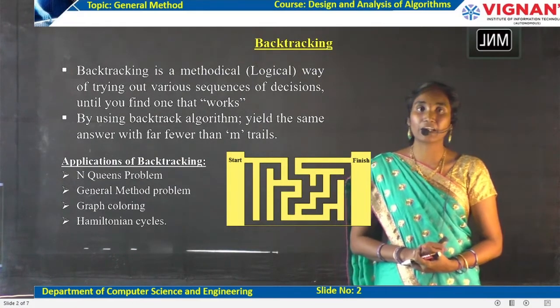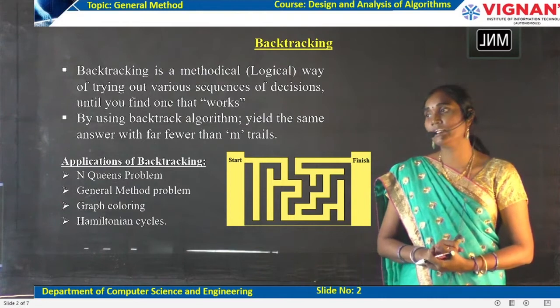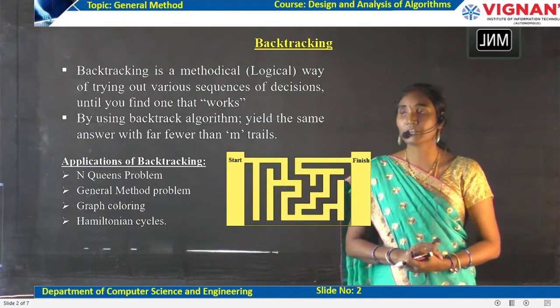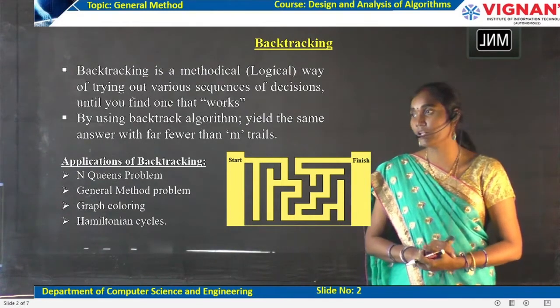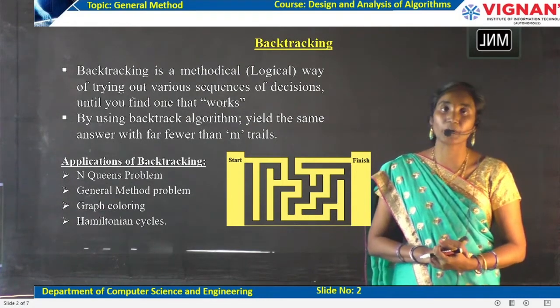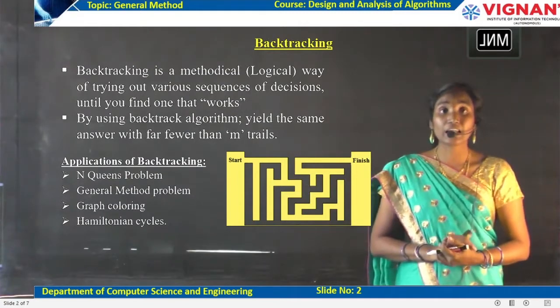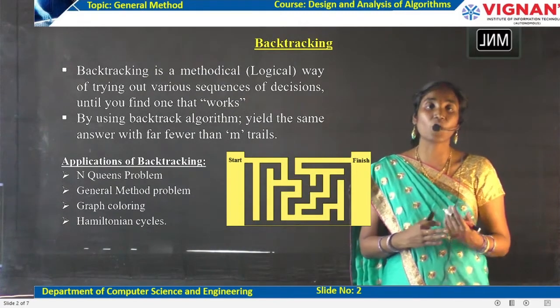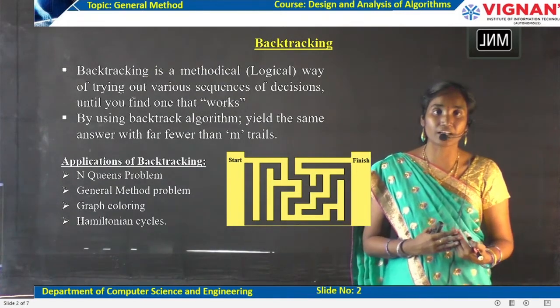What is meant by backtracking? Basically, backtracking is a methodological or logical way of trying out various sequences of decisions to find in which decision or in which path it yields the solution.